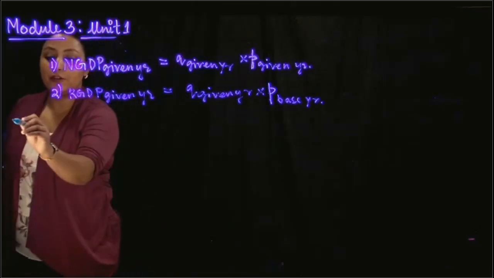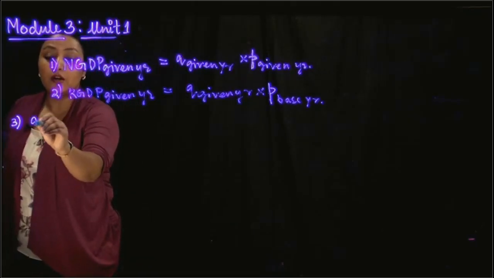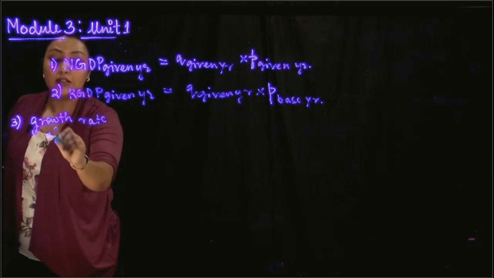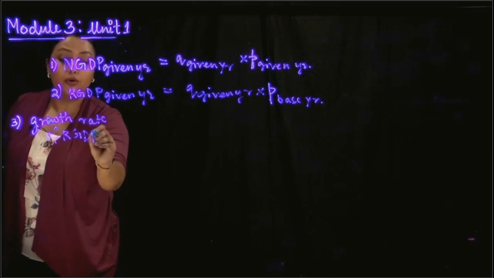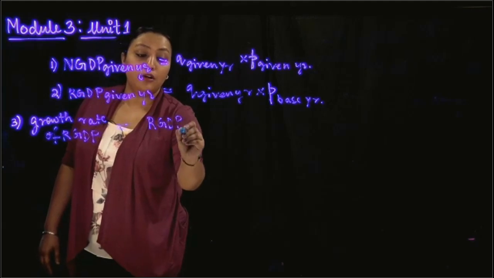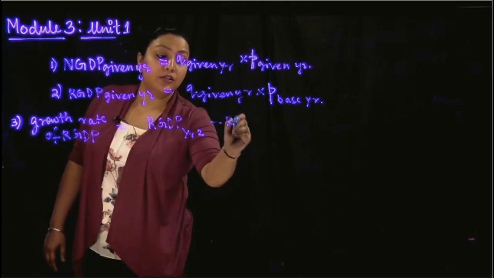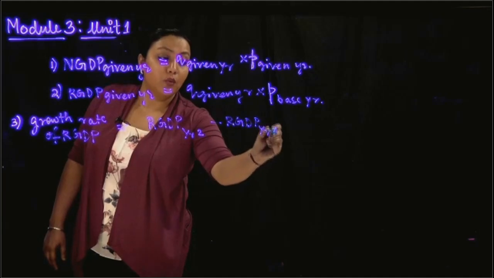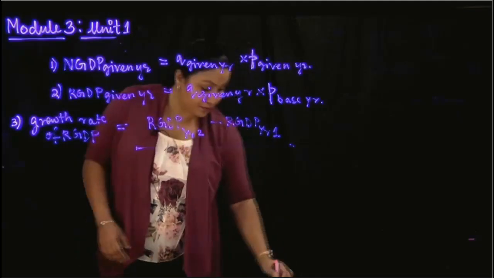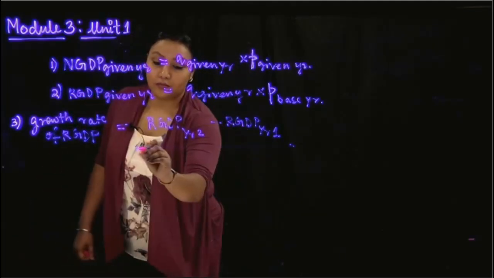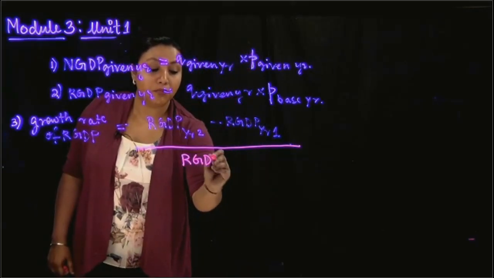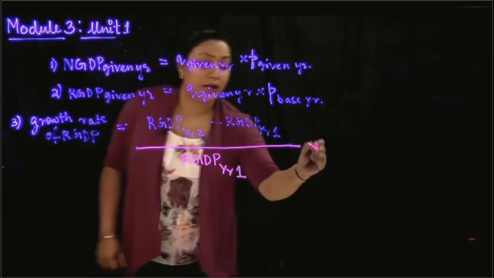Now, like I said in the previous video, we are interested in knowing the growth rate or percentage change in real GDP. The growth rate of real GDP is given as the real GDP of year 2 minus the real GDP of year 1, divided by the real GDP of year 1, times 100.